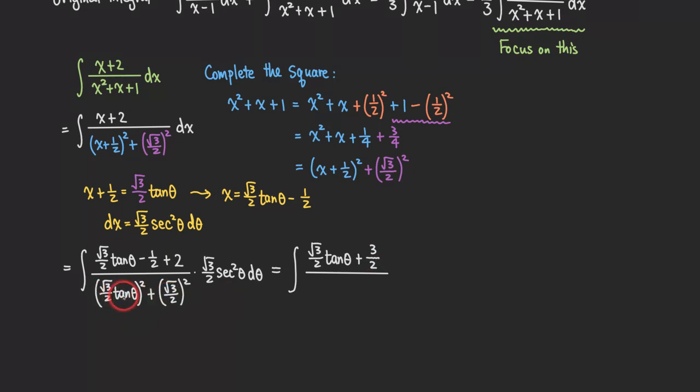You can see that if we simplify, then you are going to be getting 3 over 4 tangent squared theta plus 3 over 4. Now also this thing right here, just leave it, right? So you're just going to get radical 3 over 2 secant squared theta d theta here.